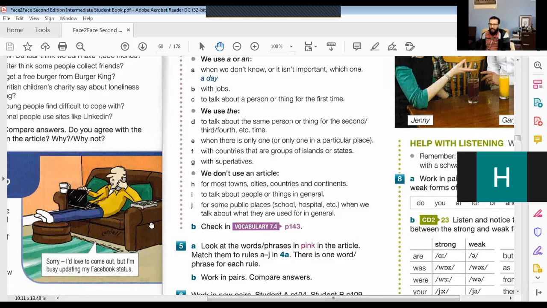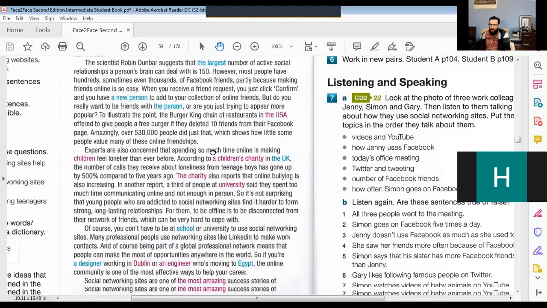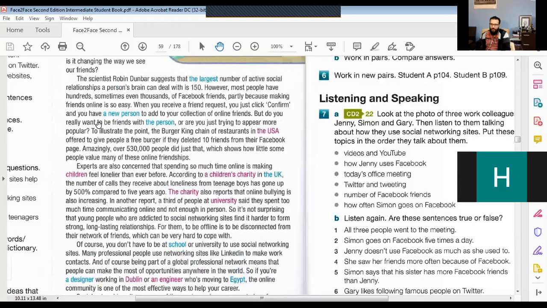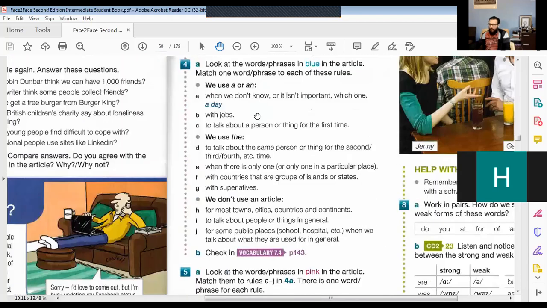So this is C. What about jobs? We need to look for a job. A designer. Right, that's correct. So this means we found a job, and we found a person or a thing that we're talking about for the first time. Okay, so this is how we can use a or an.